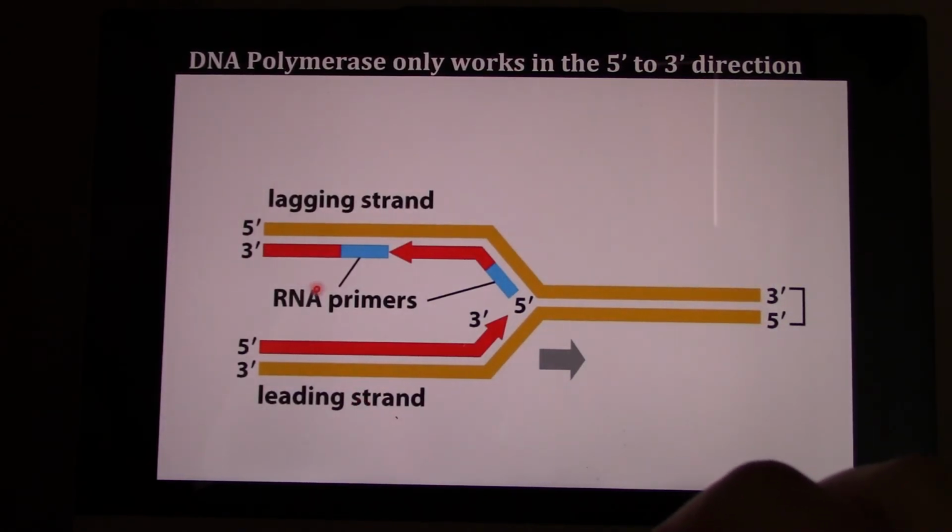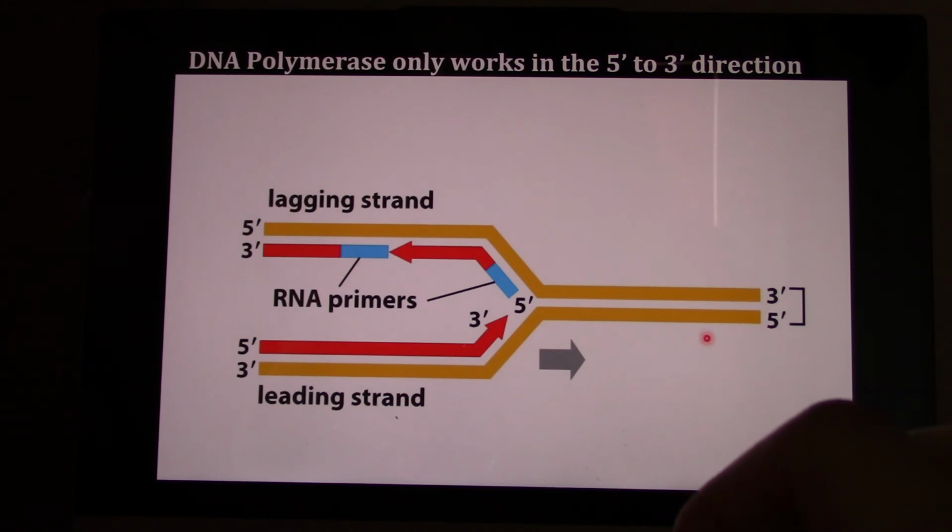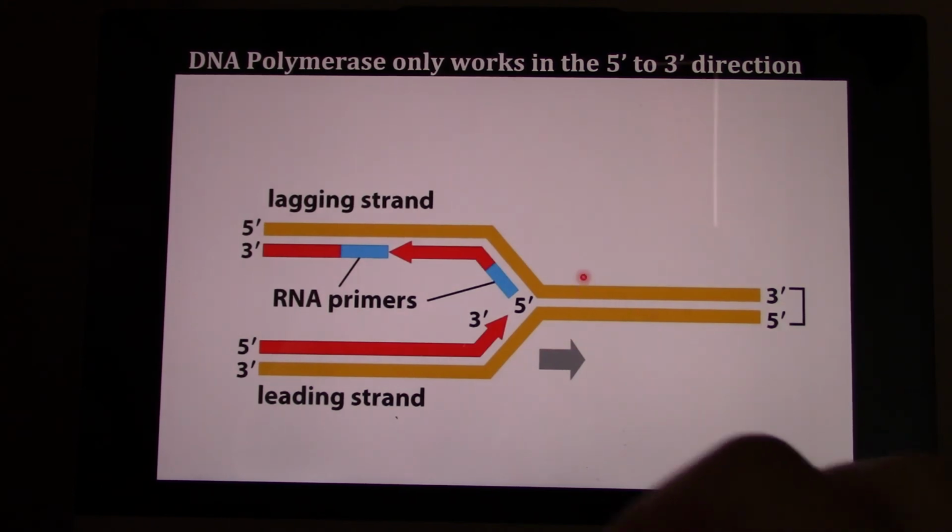And just a little close-up on one of the forks. On the lagging strand, we have to keep making what are called RNA primers, shown in blue, and the newly synthesized DNA is shown in red. Every time we unwind the DNA, going from left to right, we get more and more template.